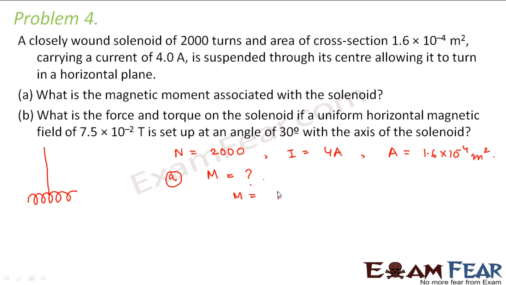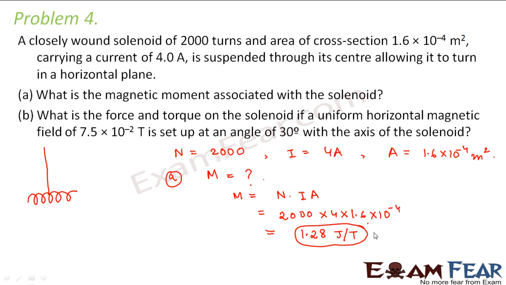It is nothing but number of turns into I into A, that is current into area. So this will be 2000 × 4 × 1.6 × 10^-4, which comes out to be 1.28 joule per Tesla.